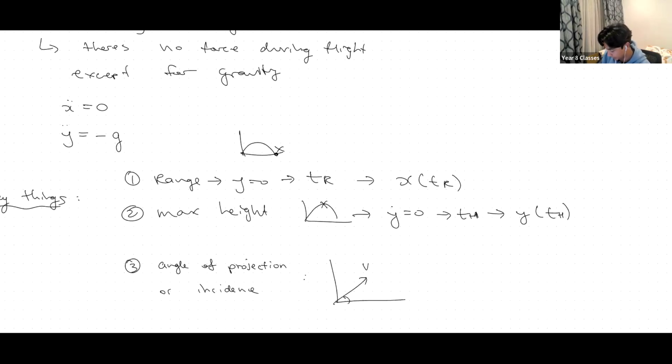Or it's coming down, for example, this is the path, what is alpha here? You're going to find alpha using velocities. So in this case, you have x dot, y dot, and alpha, and you can say tan alpha equals y dot on x dot.